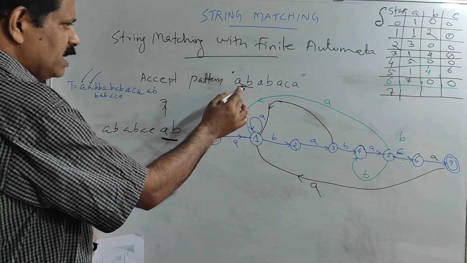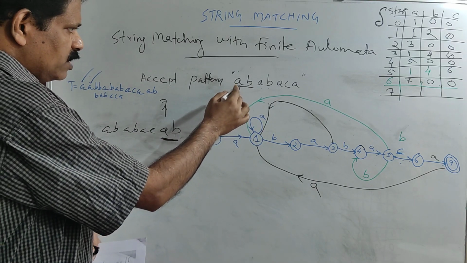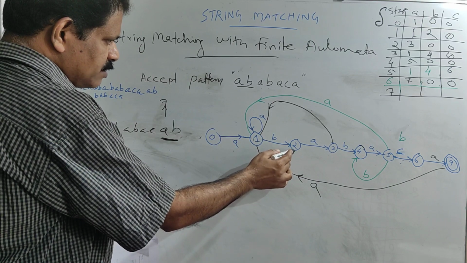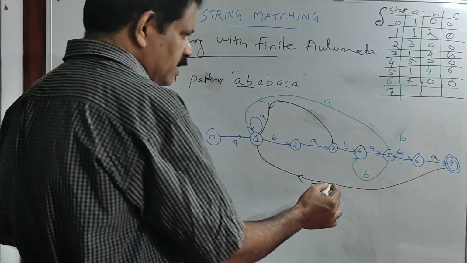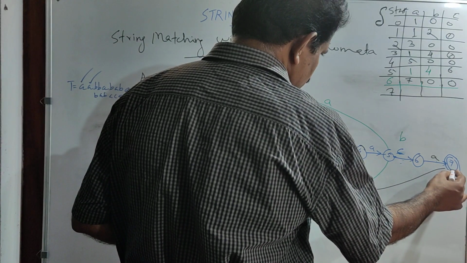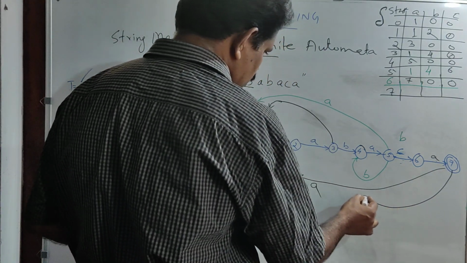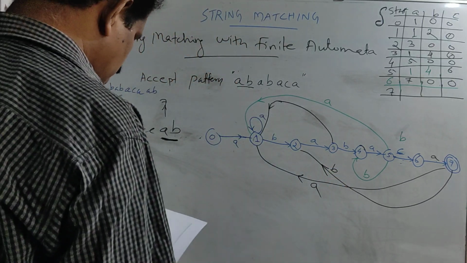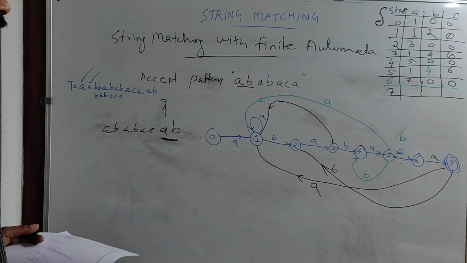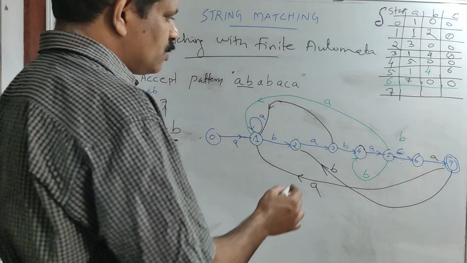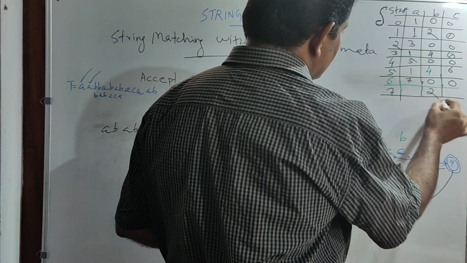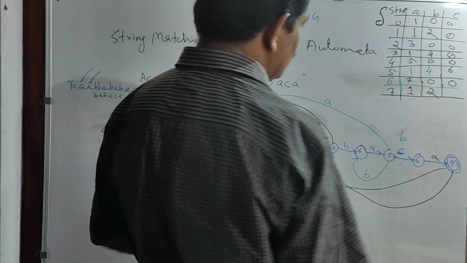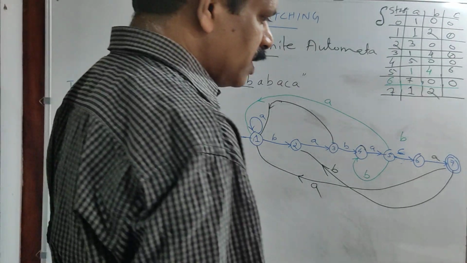AB is matching, so on receiving A and B you reach stage 2. So on getting a B, you do a transition to stage 2. Getting an A, you do a transition to stage 1.